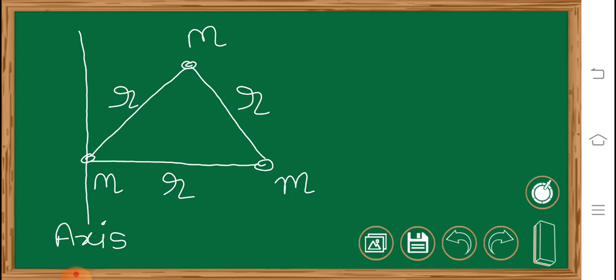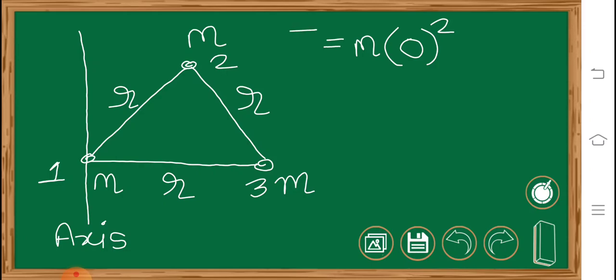So we can see these particles, we can take this as 1, 2 and 3. So as we know that 1 is lying on the axis, so the moment of inertia of 1 will be m into 0 square. This we can write I1. Now this 2, the perpendicular distance is this much, and as we can see this is 60 degree, so this will also be 60, and this distance will be r cos 60, which means r by 2.